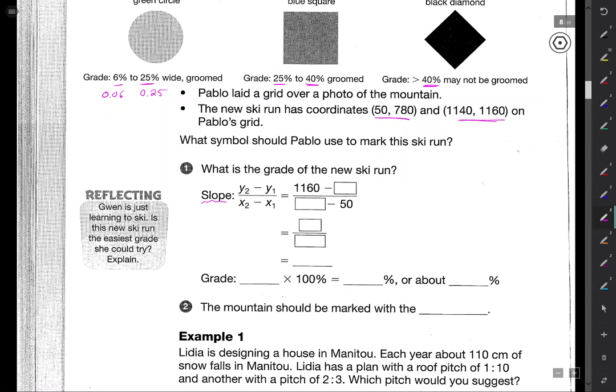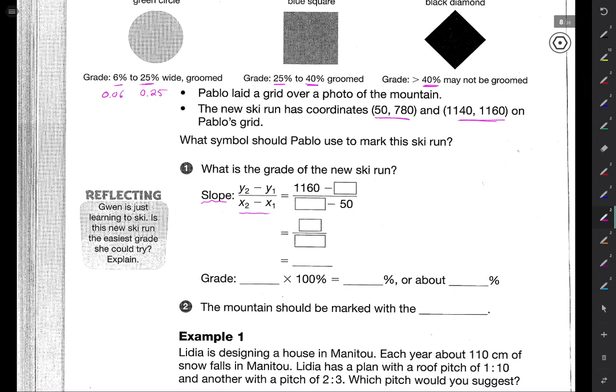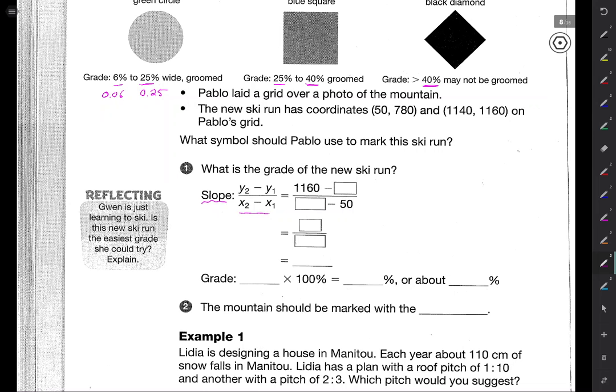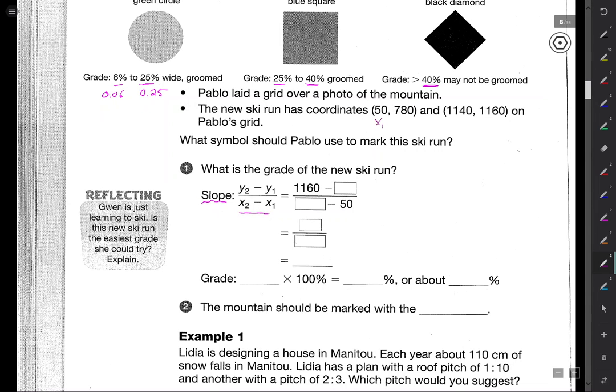If we're given 2 coordinate points, we can use this formula, y2 minus y1 over x2 minus x1. Whenever you're using this formula, I highly recommend labeling your coordinates x1, y1, and x2, y2. So here I'm going to label this as x1, y1, and this one as x2, y2.